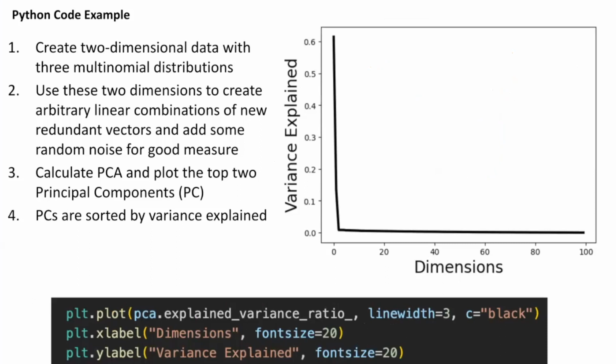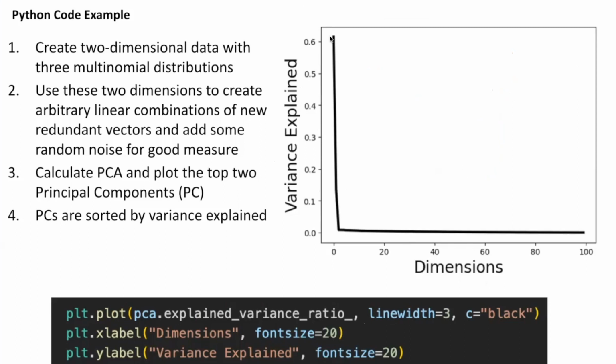And then this plot is how it looks if we look at the explained variance for the dimensions of our fake data, right? So we had these 100 synthetic dimensions. This plot shows us the percentage of variance that's explained by each principal component, ordered from the most important to least important.